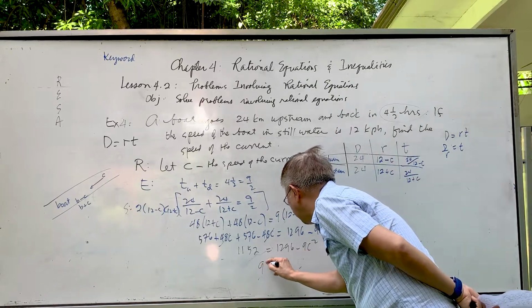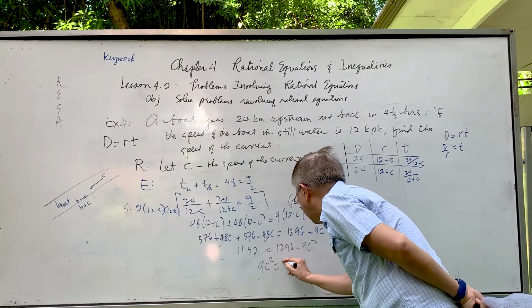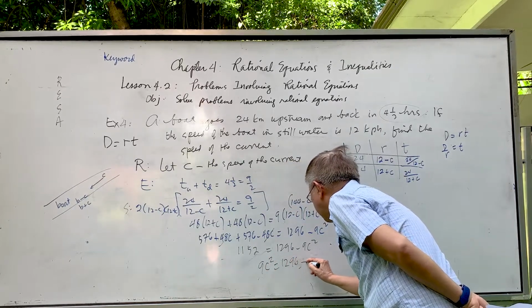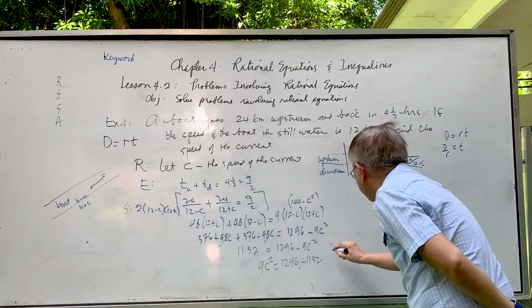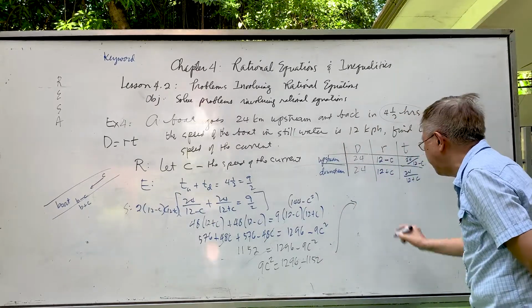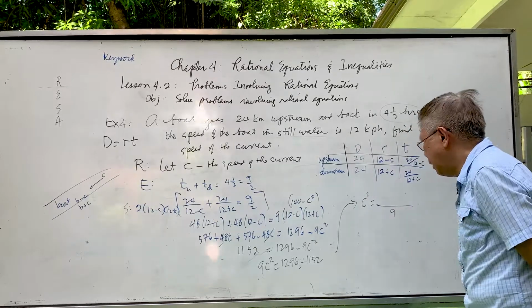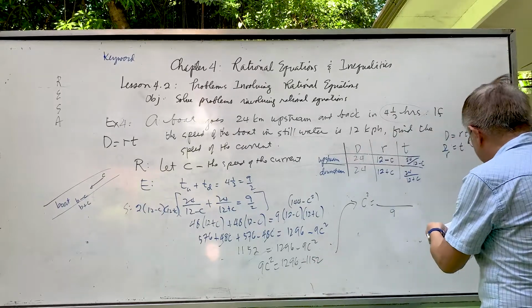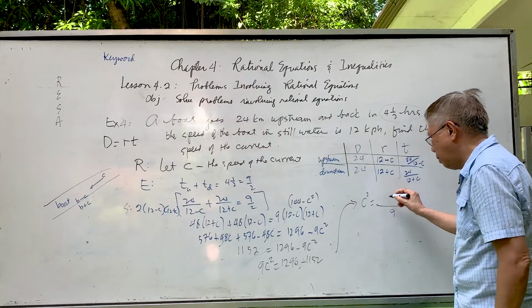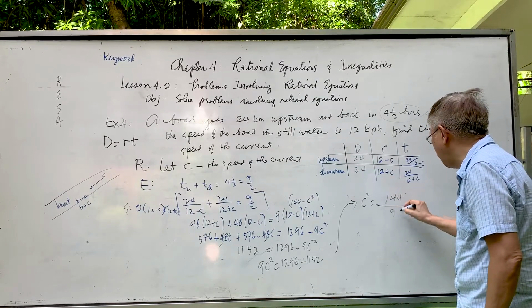I can transfer 9C squared to the other side, and I will get here 1296 minus 1152 equals 9C squared. And then 1296 minus 1152 is what? 144.